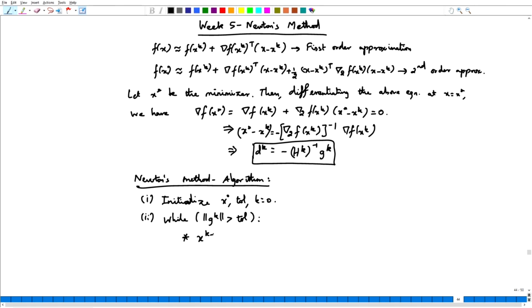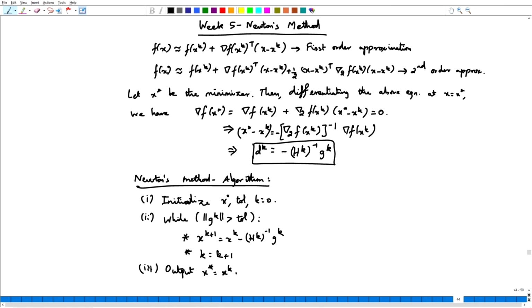So, x k plus 1 is just x k minus h k inverse g k, k equal to k plus 1, and you output x star equal to x k. Okay. So, at least it looks very simple.